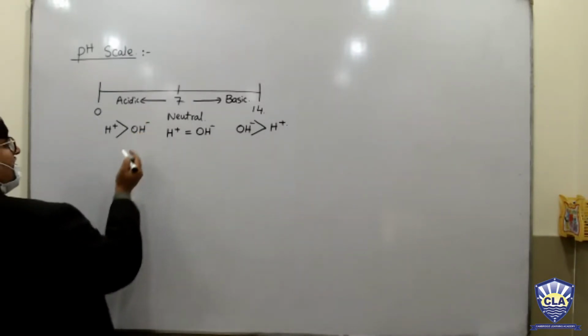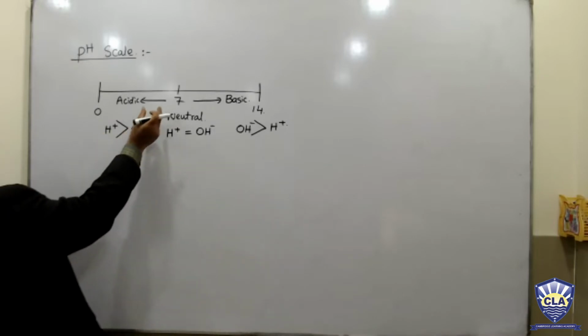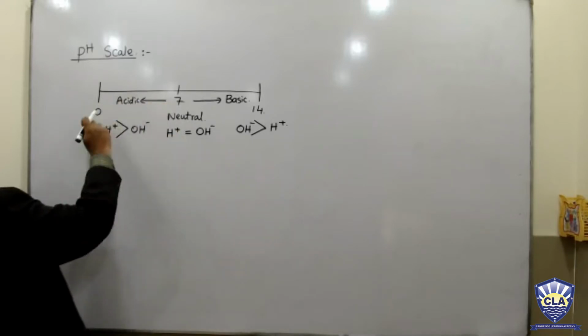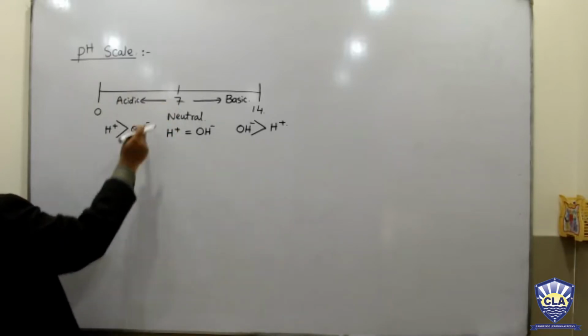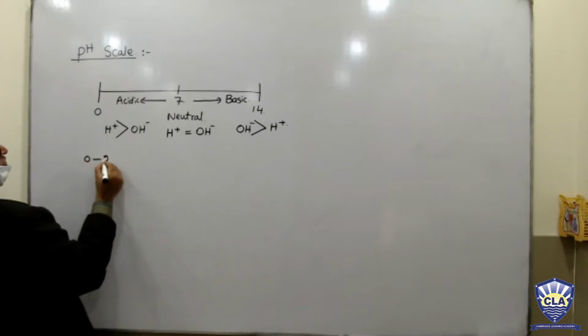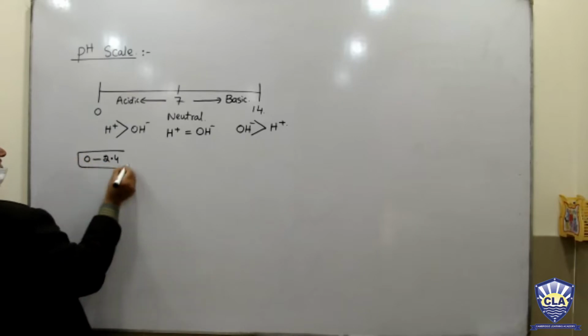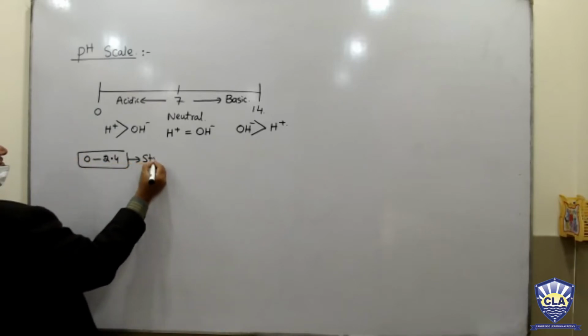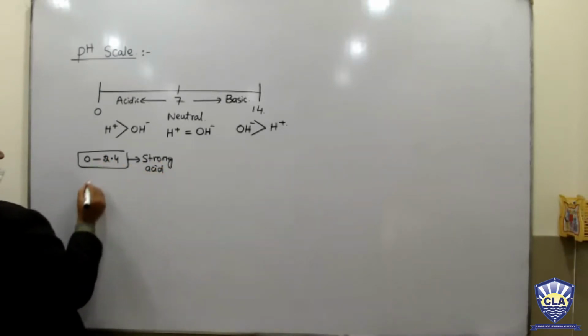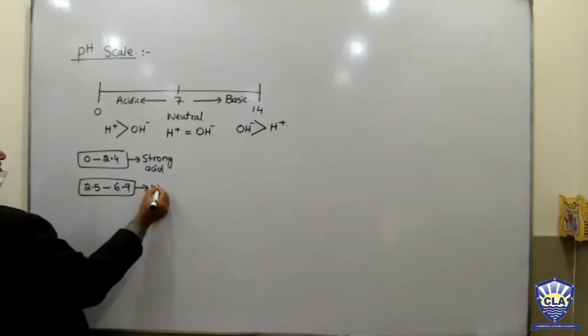Okay, now remember, any solution having a pH between 0 and 7, or less than 7, is an acidic solution. From 0 to 2.4 pH is the pH of a strong acid. And from 2.5 to 6.9 is a weak acid.